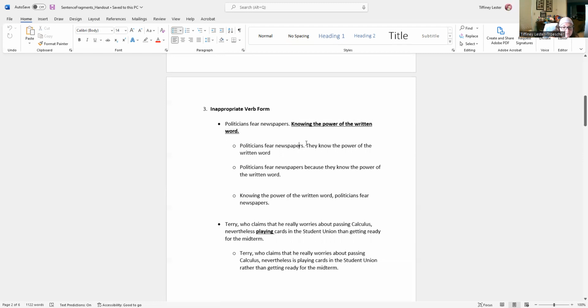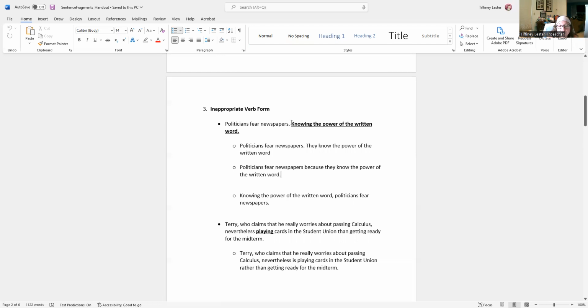How do we fix it? Well, we could turn it into a complete sentence. Politicians fear newspapers. They know the power of the written word. We could use a subordinating conjunction to combine the ideas. Politicians fear newspapers because they know the power of the written word.